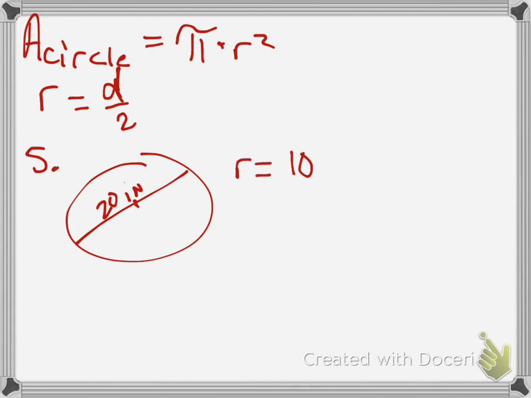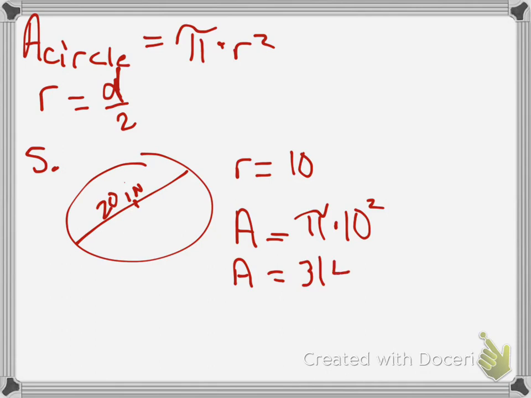So divide 20 by 2 and you get 10. And then you could say area is equal to pi times 10 squared. And that would give you an answer of 314.2 square inches. Fairly simple. Just got to remember that if you get the diameter, you need to divide it by 2 to get the radius. And then that's what you would plug into the formula.